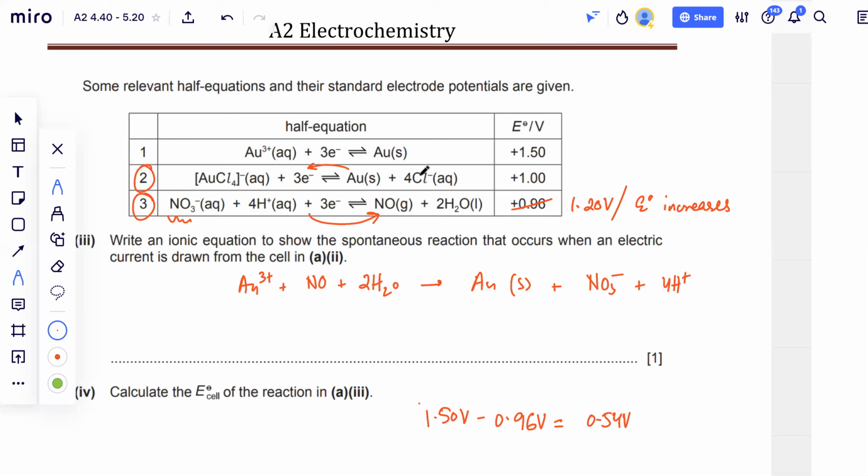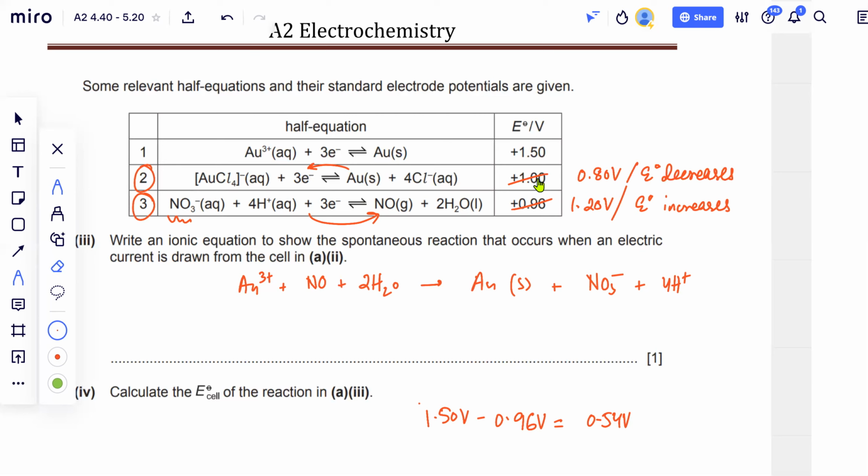If Cl minus 1 is concentrated, then this equilibrium over here shifts backwards. And if it shifts backwards, more electrons are produced and the potential decreases. So let's say it becomes 0.80 volts, hypothetically speaking. Is this clear? Yeah, it is.